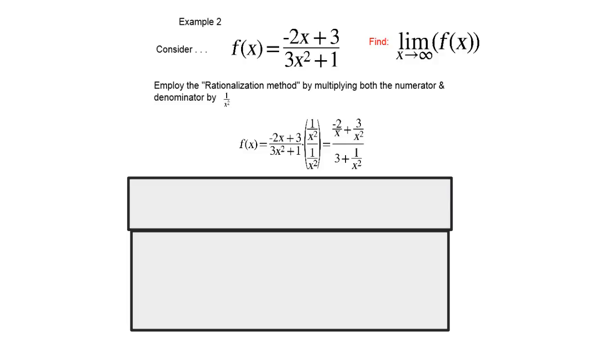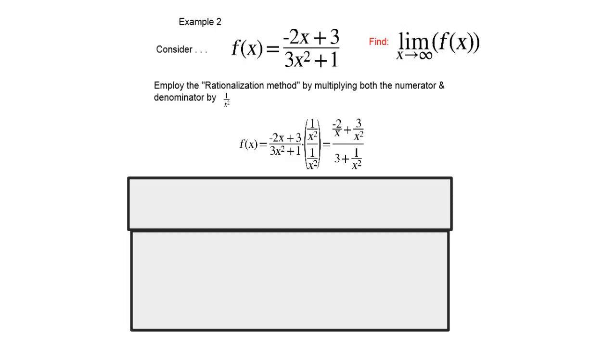When we do that, we get negative 2 over x plus 3 over x squared. That's my numerator. And in the denominator, I get 3 plus 1 over x squared.